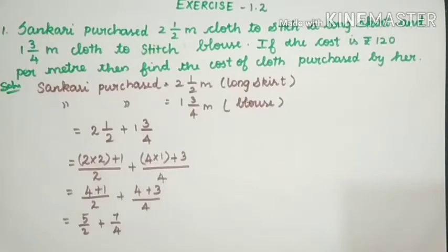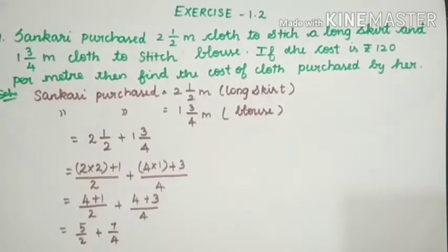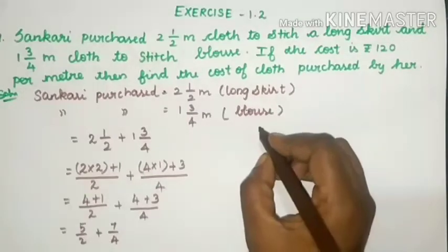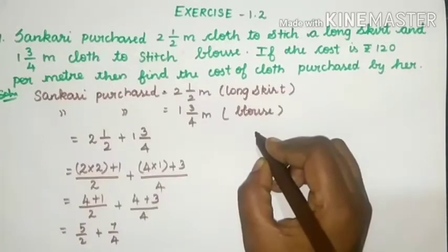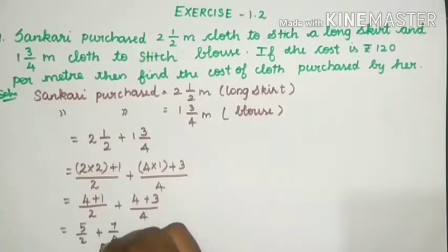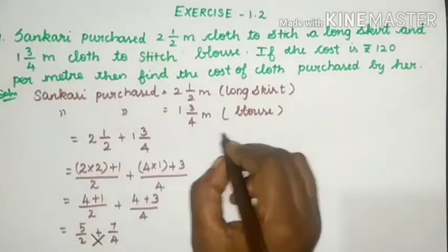Here we have different denominators. To find the common denominator, what we have to do? Yes, we have to find the common denominator by using the cross multiplication method. Denominator into numerator and this denominator into numerator.